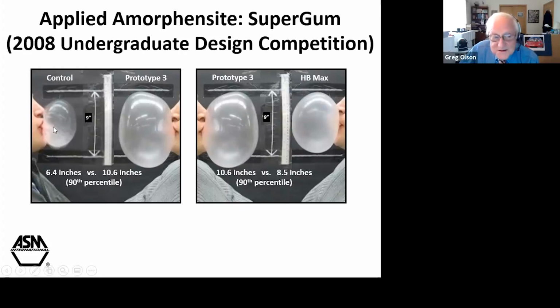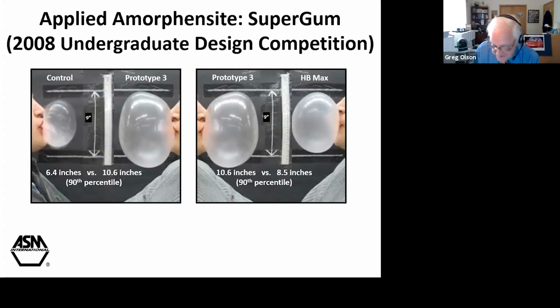And we did succeed with our modeling to even outperform the highest performance gum out there. So we had finally produced a material that society could appreciate. It was very rewarding.